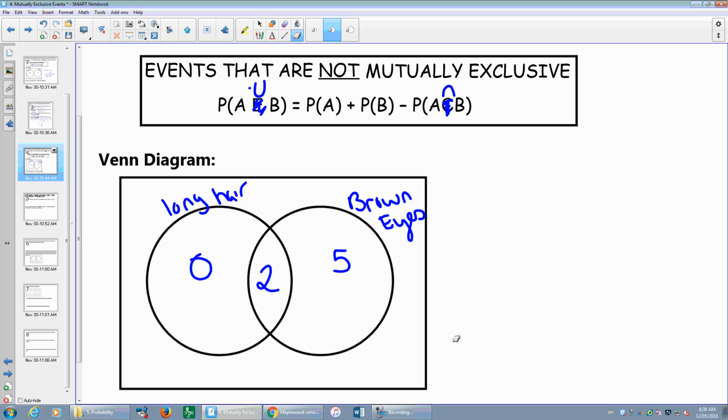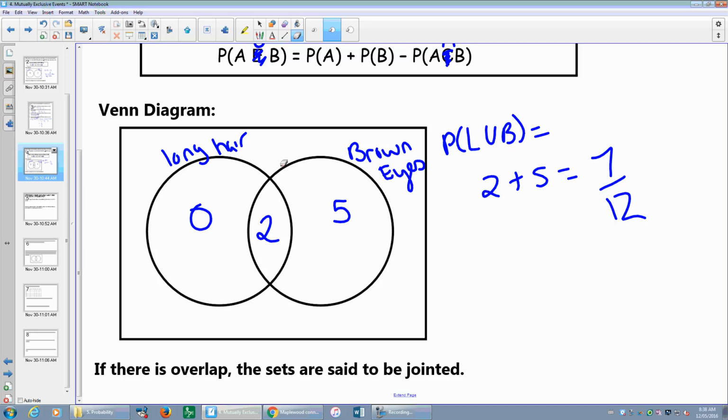So the probability of long hair or brown eyes is equal to, and then I can just take 2 plus 5, which gives me 7 over the 12. Have blue hair or brown eyes and long hair. Okay, if there's an overlap, the set is said to be jointed. Wonderful.